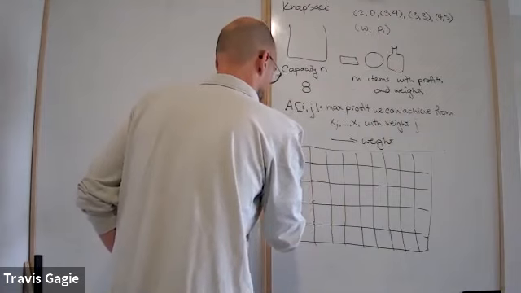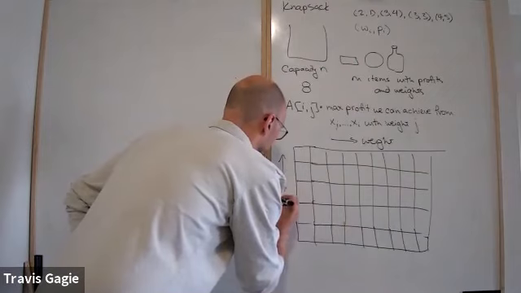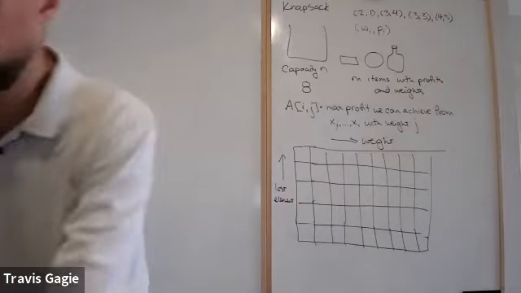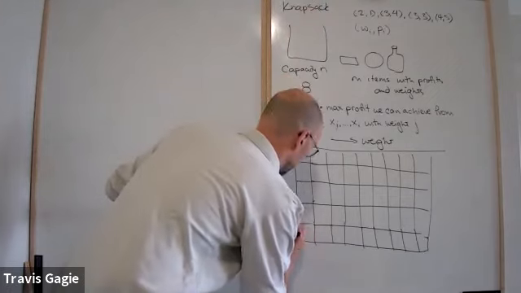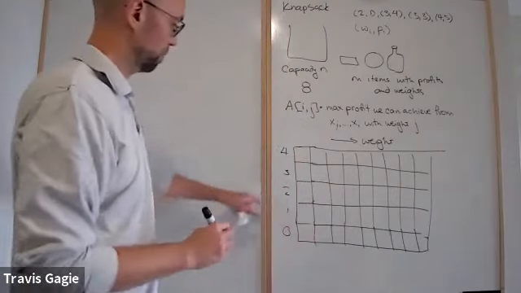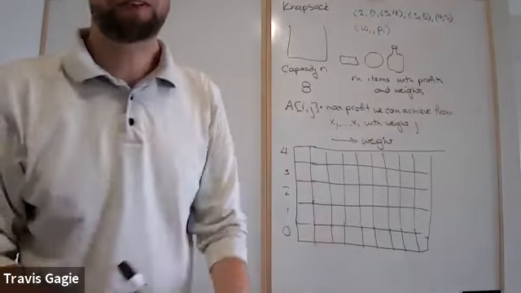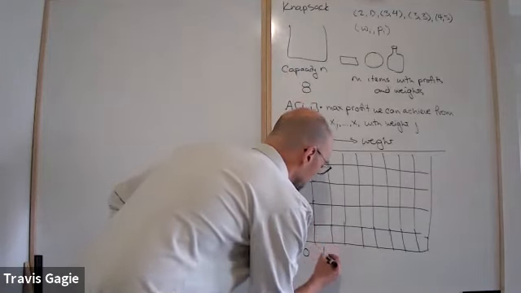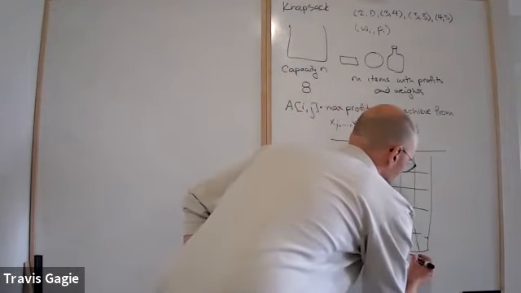I'm not going to write last element because it doesn't leave me any space. So this is 0, 1, 2, 3, 4. Once again, I'm reversing things. It will be normal matrix coordinates in the notes. This is 0, 1, 2, 5, 6, 7, 8.